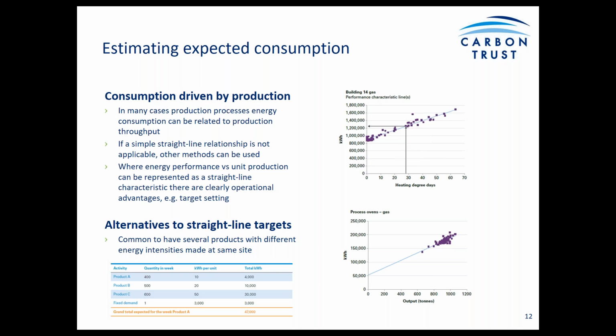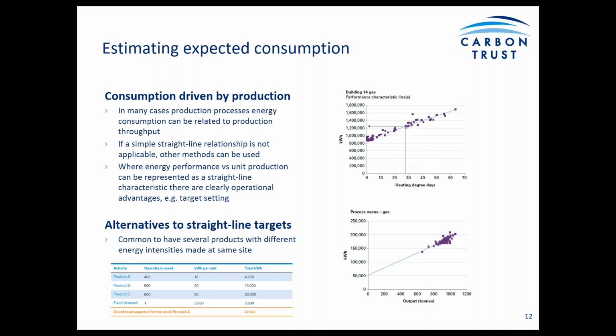However, life is quite often not that simple. It is actually quite common to have several products with different energy intensities being produced at the same site. And if a straight line relationship is not applicable, then there are other methods that can be used.